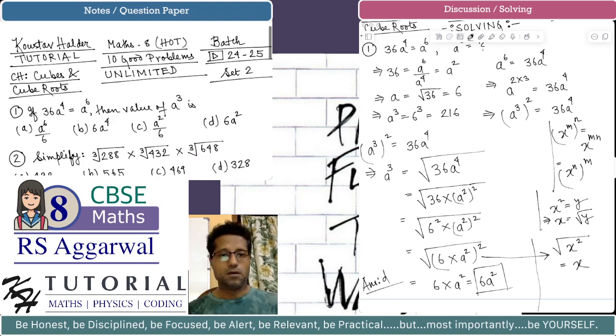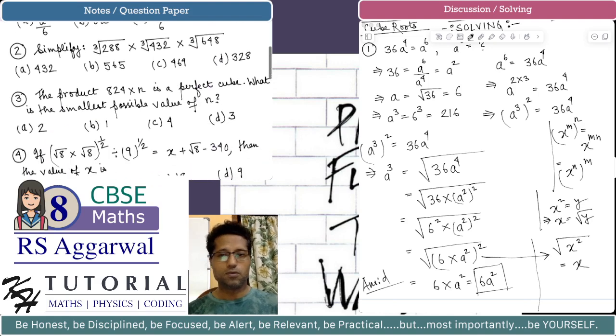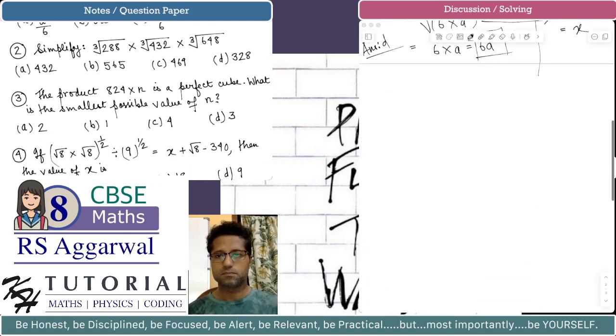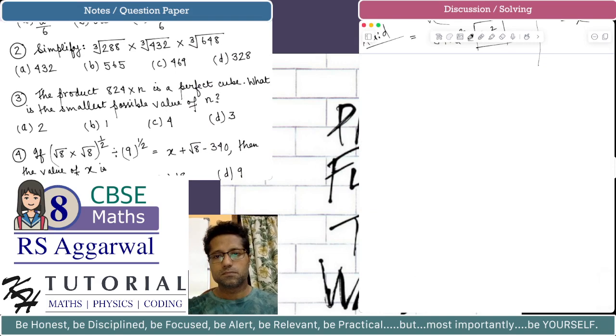Anyway, let's do problem number 2. It is a simplification problem. We have cube root of 288 multiplied by cube root of 432 multiplied by cube root of 648.